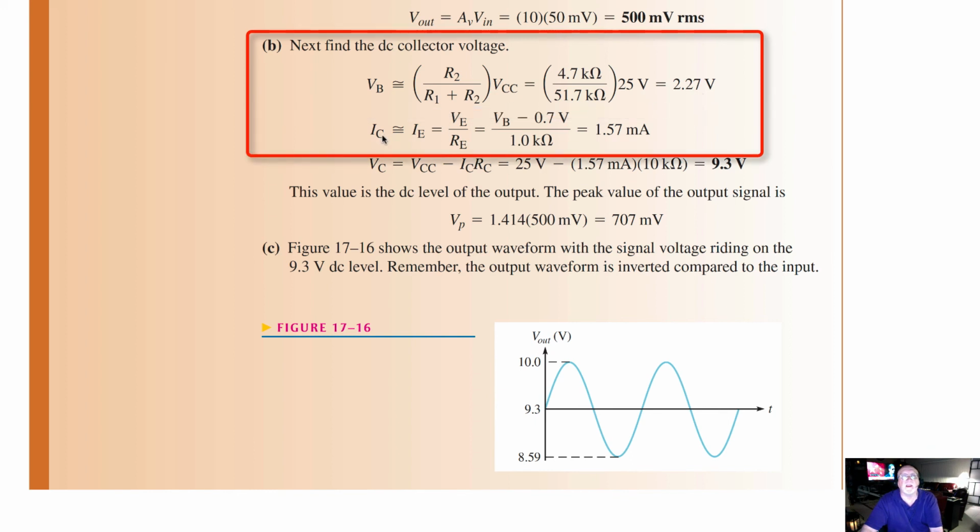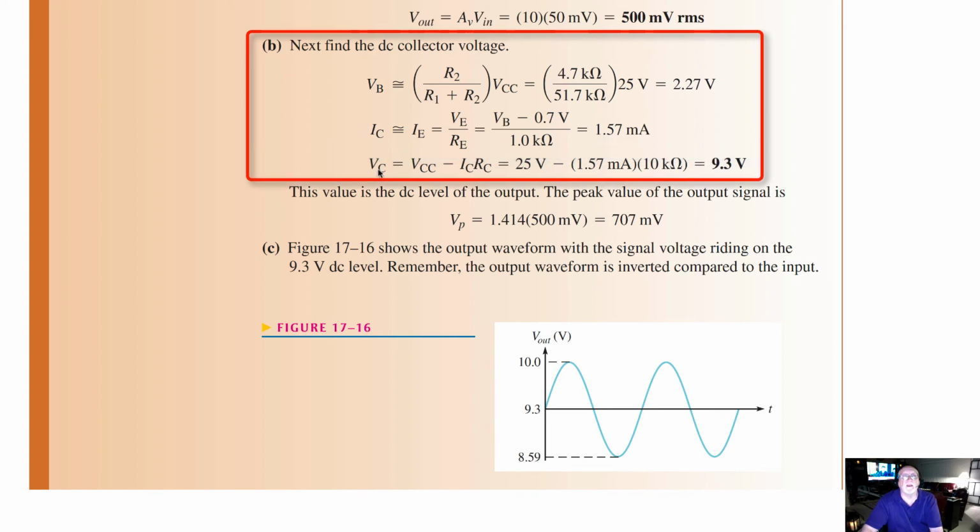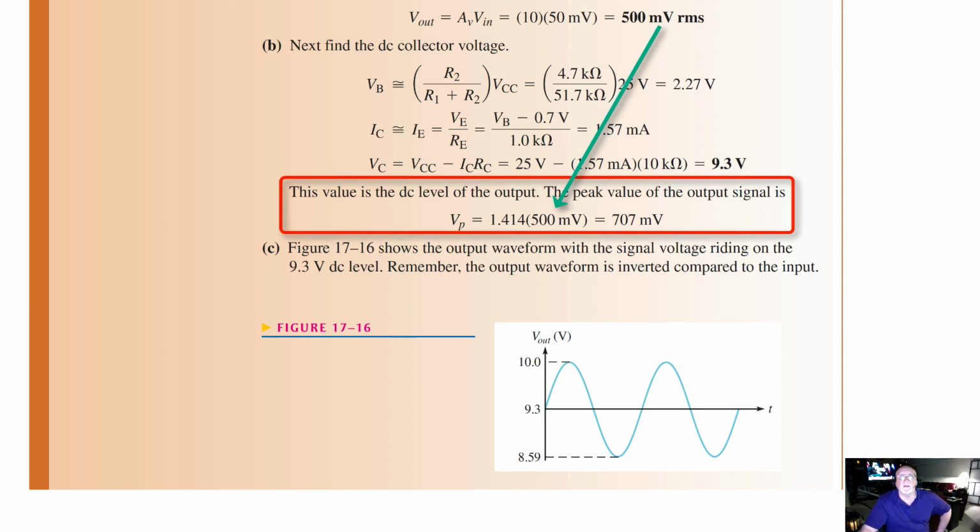I sub C then is approximately equal to I sub E, which is equal to the ratio of V sub E to R sub E, which is equal to V sub B minus 0.7, our barrier voltage, divided by the 1 k ohm resistor, which gives us a current for the collector of 1.57 milliamps. Then the voltage at the collector, VCC minus I sub C R sub C, is equal to 9.3 volts. This value is the DC level of the output.